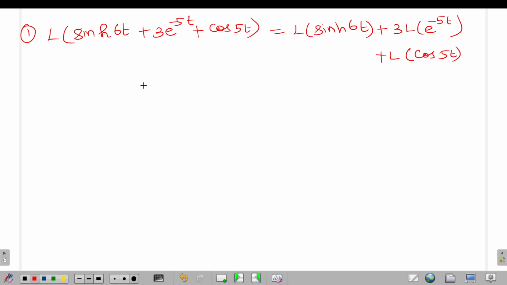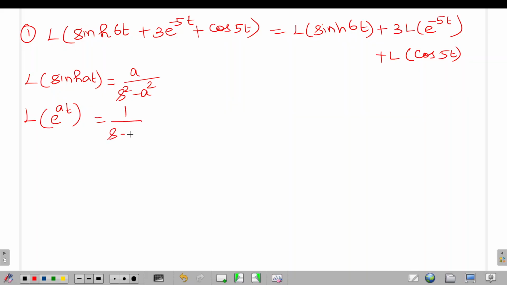Now using the formulas, we know that the Laplace transform of sinh at is equal to a divided by s square minus a square, the Laplace transform of e to the power at is equal to 1 by s minus a, and the Laplace transform of cos at will be equal to s divided by s square plus a square.